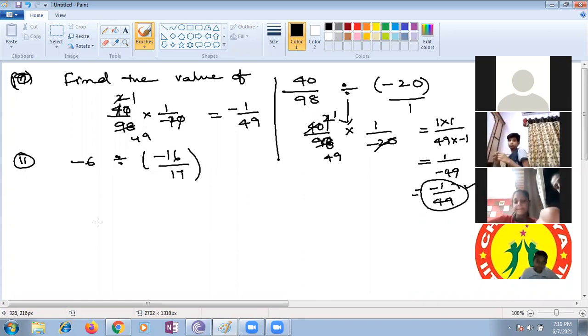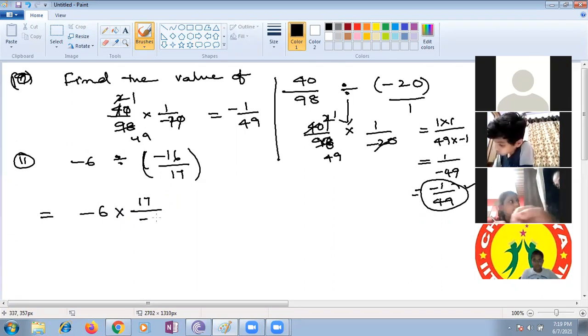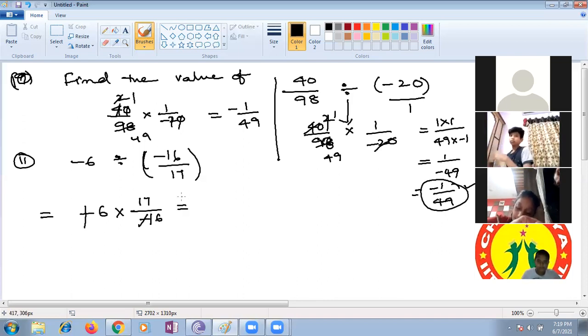Same like minus 6 multiplied with 17 by minus 16. Numerator and denominator, we can cancel those. 6 and 16 have a common factor of 2. 17 3 times.